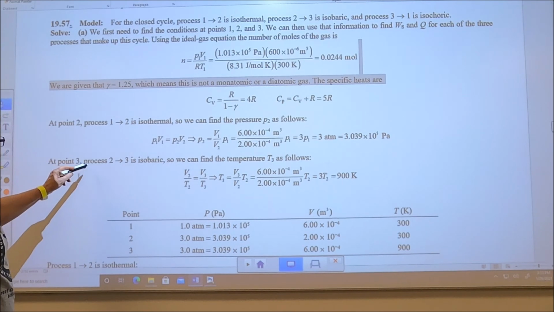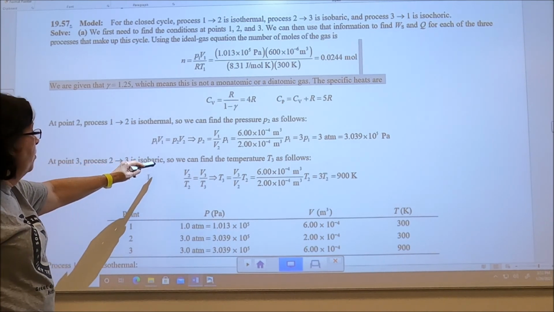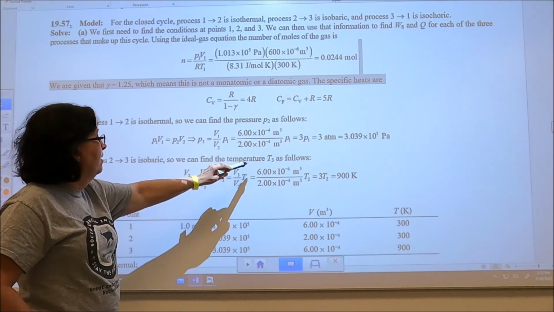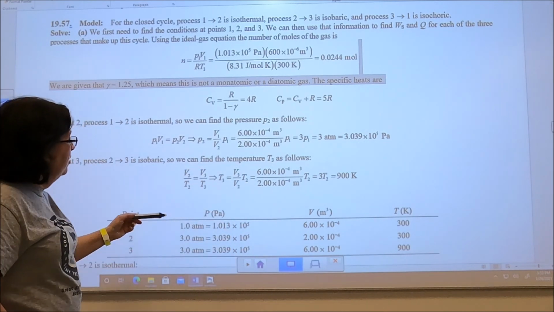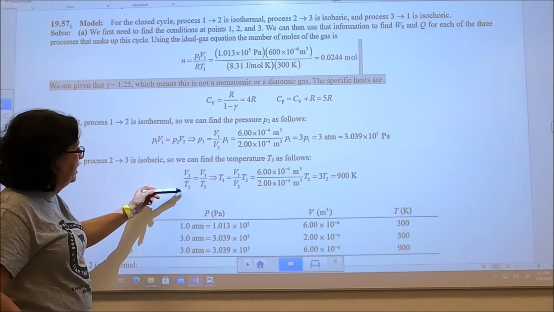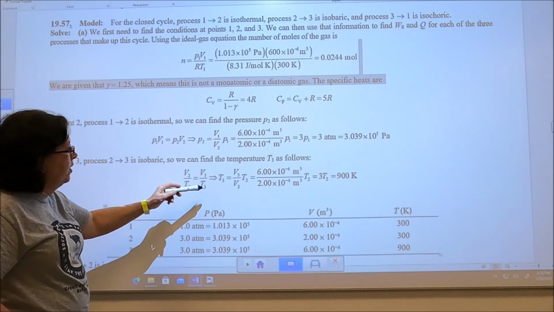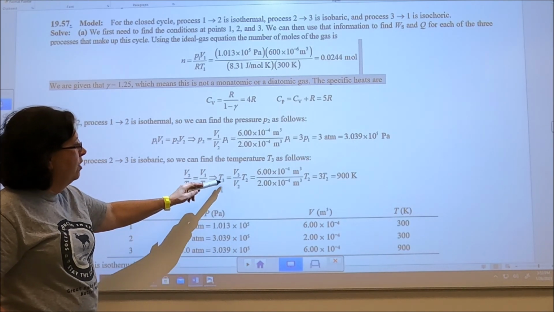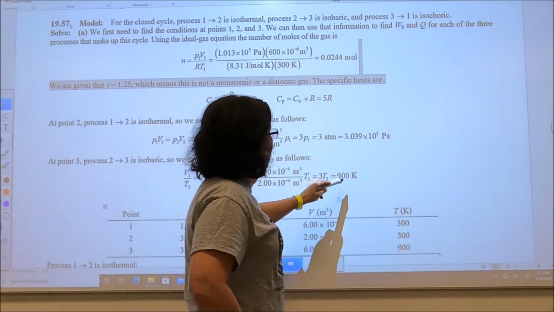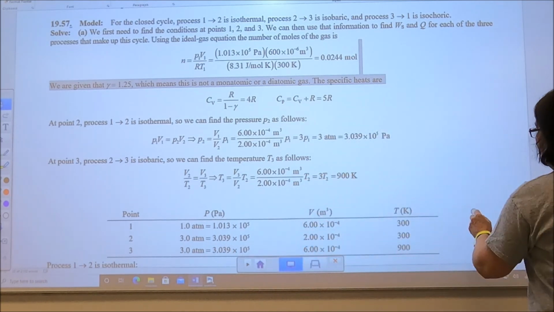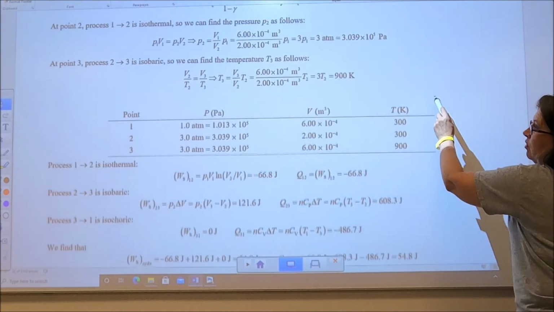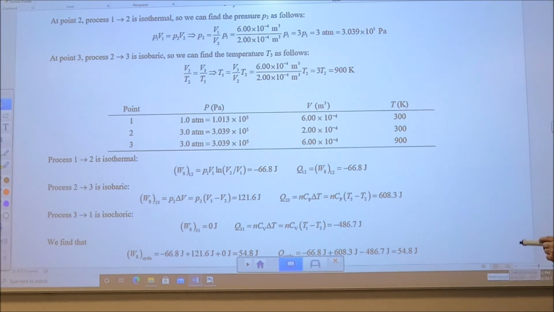At point 3, 2 to 3 is isobaric, so to find the temperature at point 3, we use V2 over T2 equals V3 over T3. Solving for T3, we get 900 K. So now I've got pressure, volume, and temperature at points 1, 2, and 3.